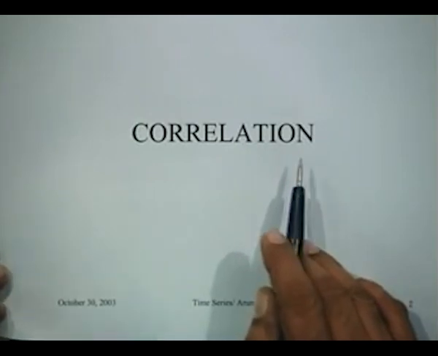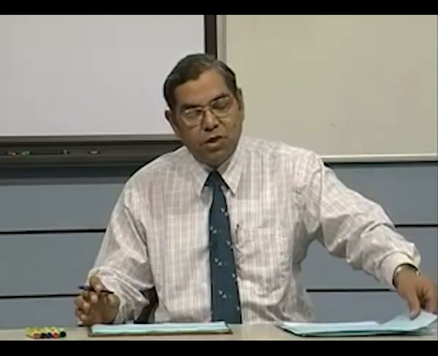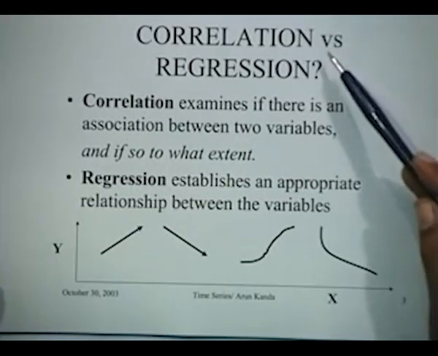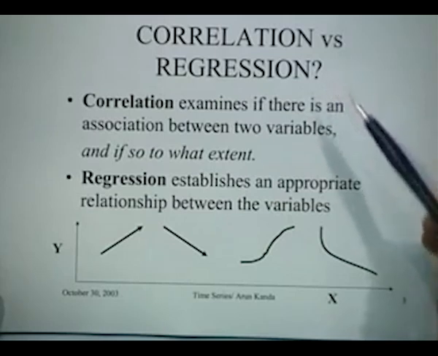We are all familiar with this term, and we know that correlation to some extent measures the degree of association between two variables or two series. This is a central concept which is used in forecasting, and therefore we must clearly understand the distinction between correlation and regression.